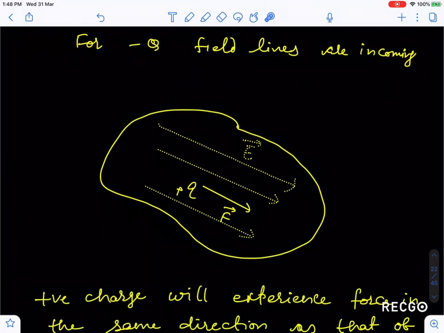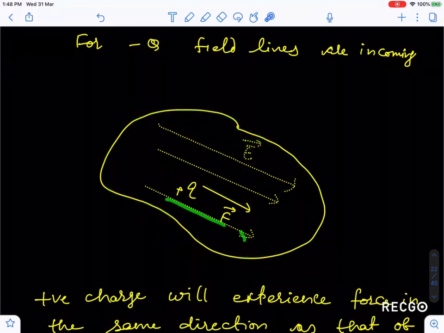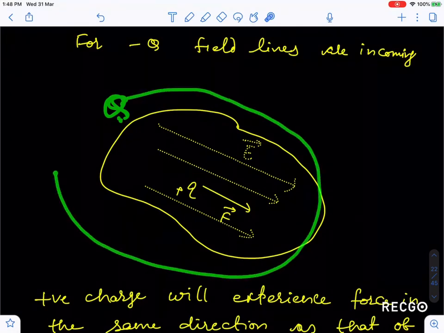So guys, I have taken a charge q. First of all, I have taken a region where electric field E is given. This dotted lines I have made, that is electric field. Now guys, this electric field is created by some charge capital Q. Assume this charge Q is creating this electric field.